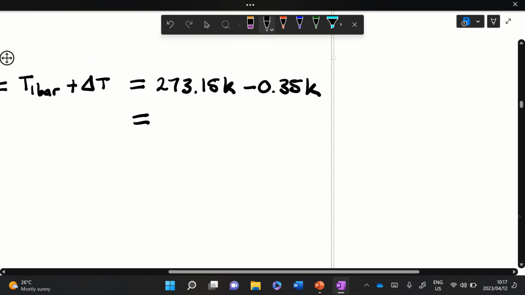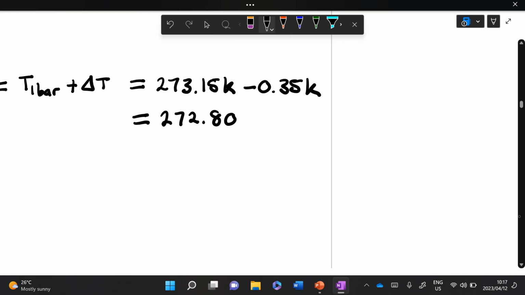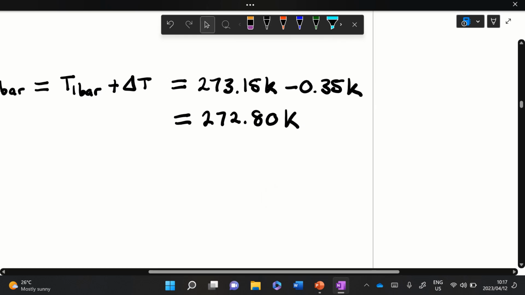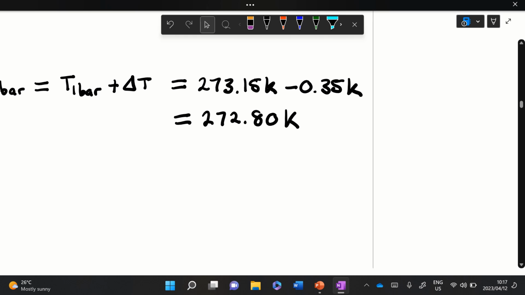And then you end up with 272.80 Kelvin. And here you might debate the number of significant figures. The problem here is if you round to 2 significant figures, then you're not going to get a good gauge of what you're working with. So what we're looking at here is 2 significant figures after the comma. You can come debate me in your personal time on that.